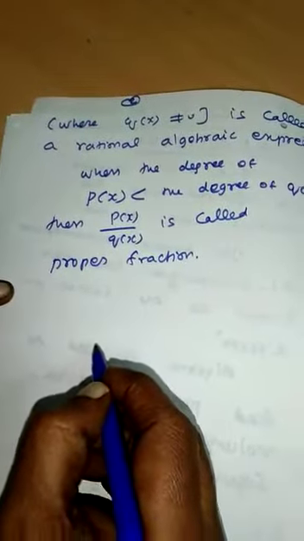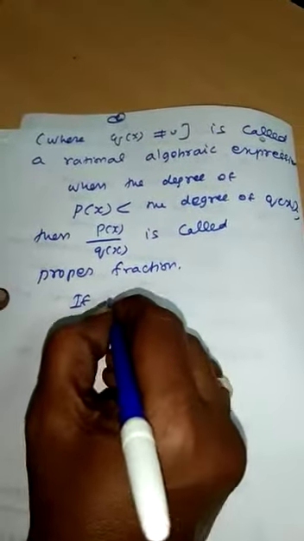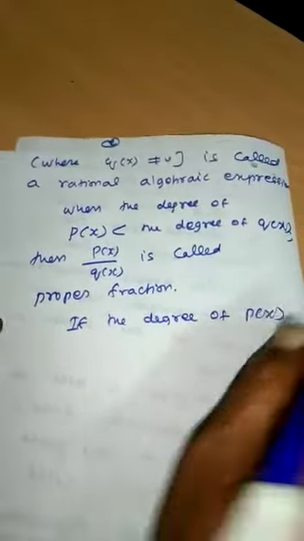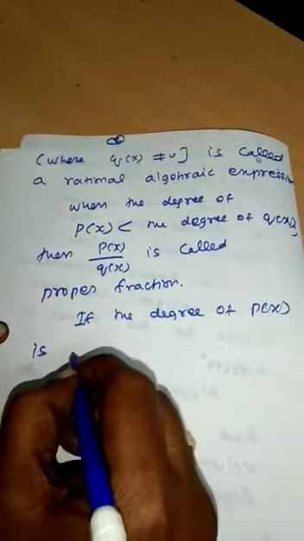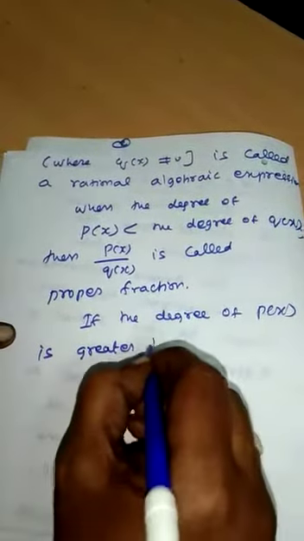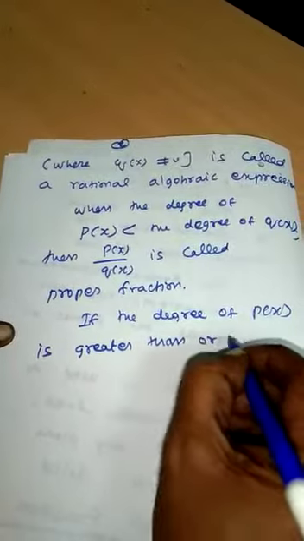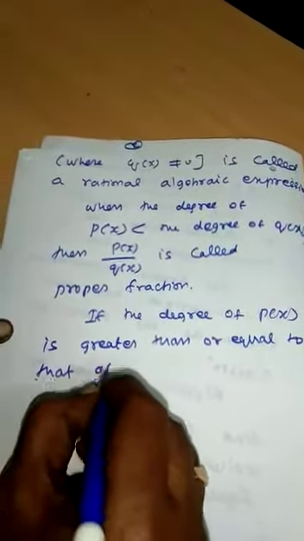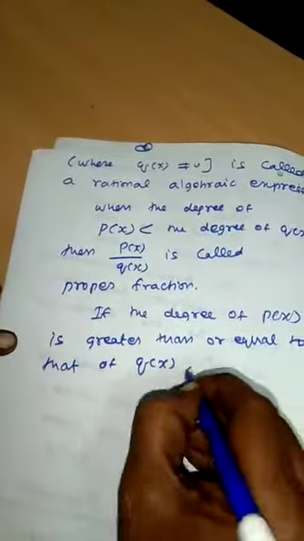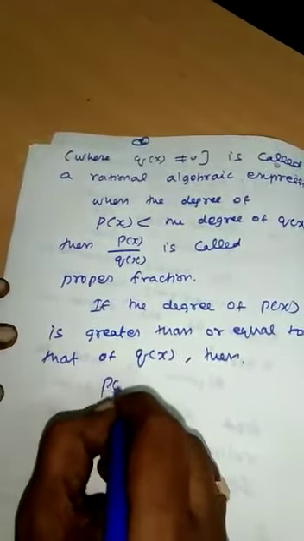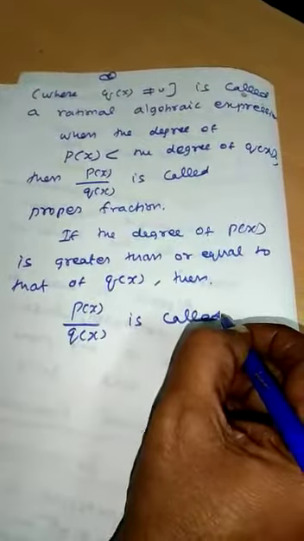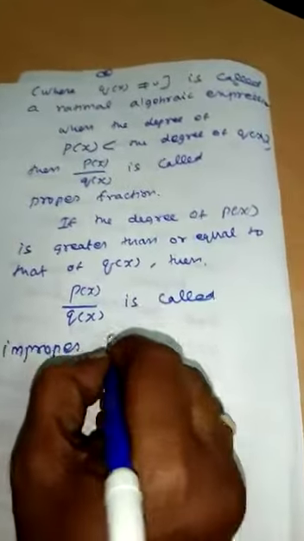On the other hand, if the degree of p of x is greater than or equal to that of q of x, then p of x by q of x is called an improper fraction.